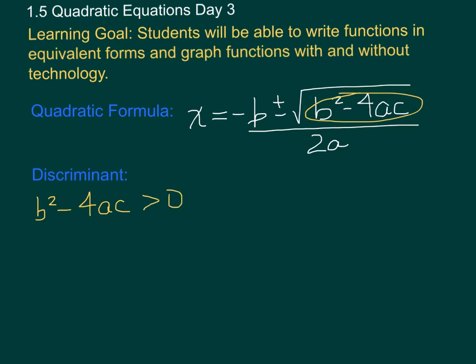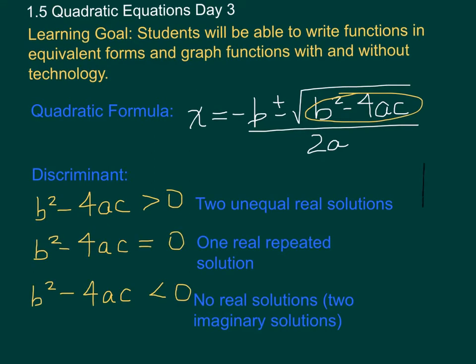then you have two unequal real solutions, which means if you graphed it, it would have two x-intercepts. If your discriminant equals 0, then you have one real repeated solution, because remember, quadratic means 2.